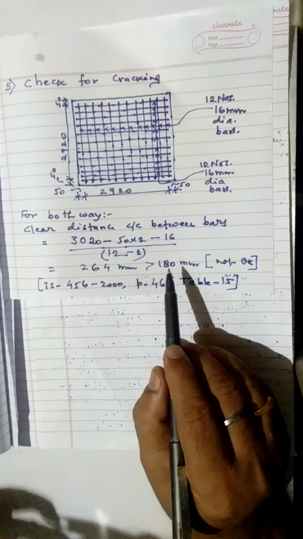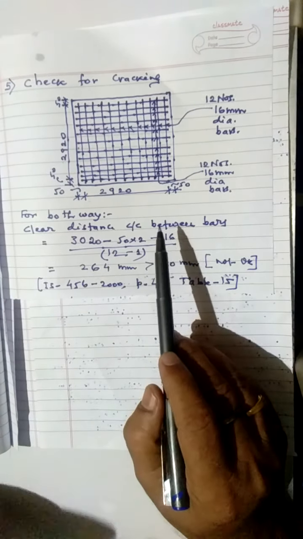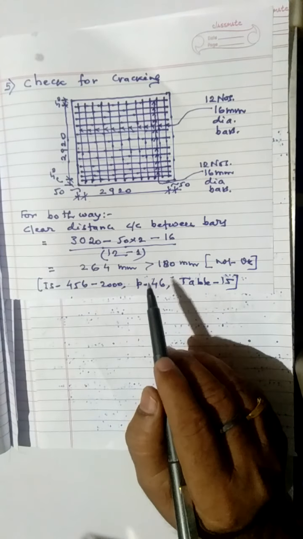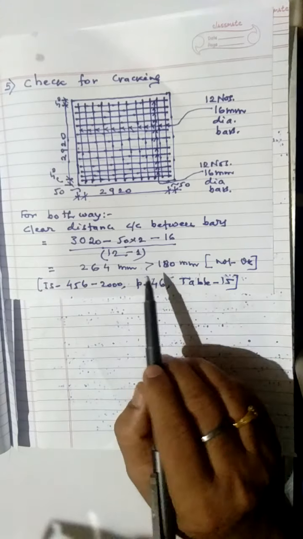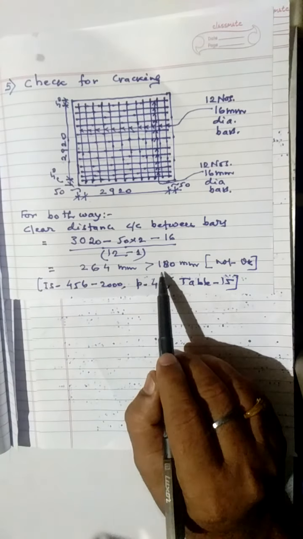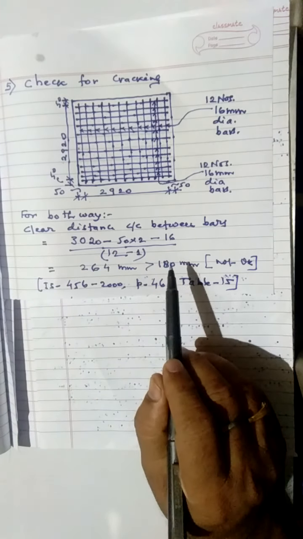So selecting a smaller diameter, suppose a 12 mm dia bar is selected, then the number of bars would be more than 12, and again the spacing would be different, and in that case the spacing between bars may come below 180 millimeter, which is most important for control of cracking in footing.